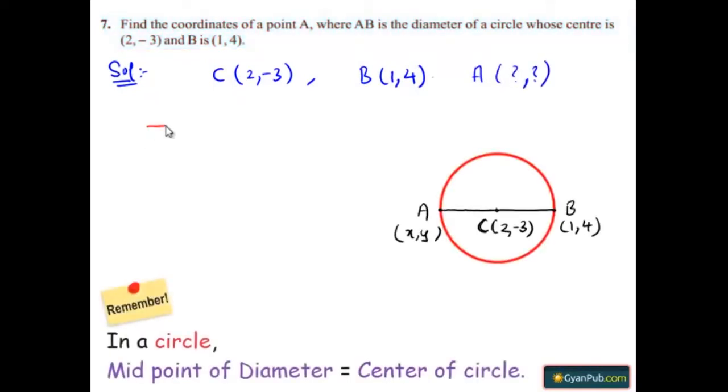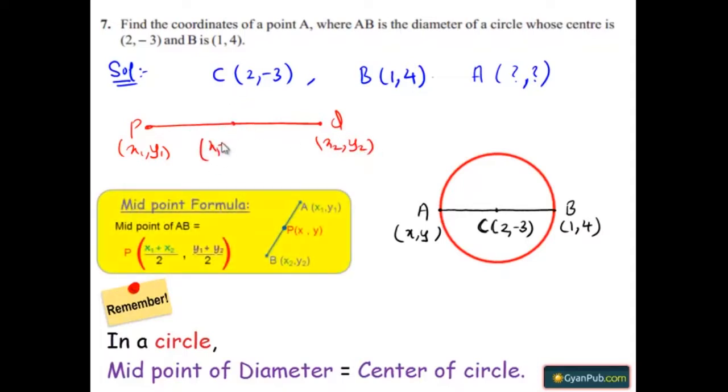We know that the midpoint of the line joining the 2 points P(x1, y1) and Q(x2, y2) is given by ((x1 plus x2) whole divided by 2, (y1 plus y2) whole divided by 2).